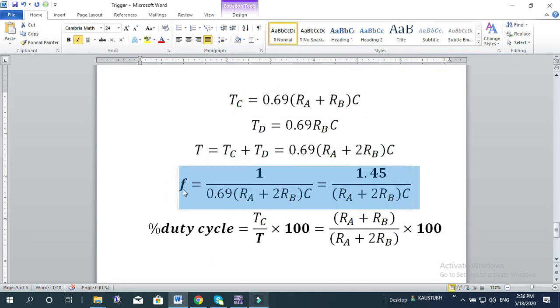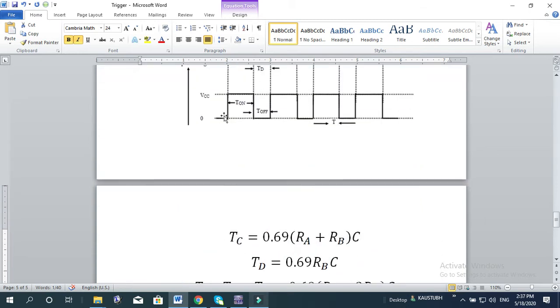So that means in this free running oscillator or multivibrator, the frequency of oscillation does not depend on the bias voltage VCC.